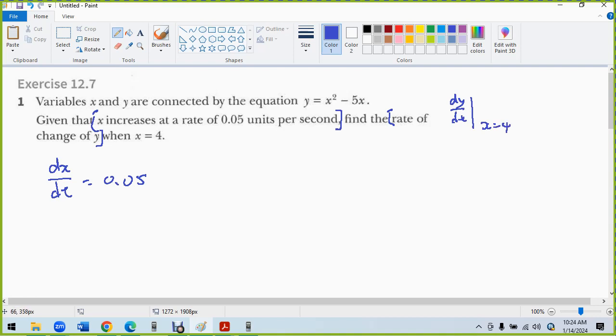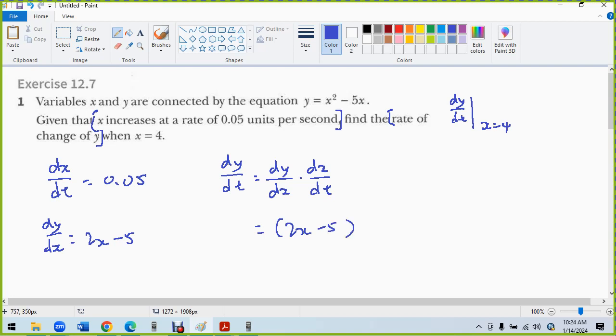So over here we can find dy/dx. The dy/dx is 2x minus 5. We want to find dy/dt, so I write it this way: dy/dt is equal to dy/dx multiplied with dx/dt. So dy/dx is 2x minus 5 and dx/dt is 0.05.